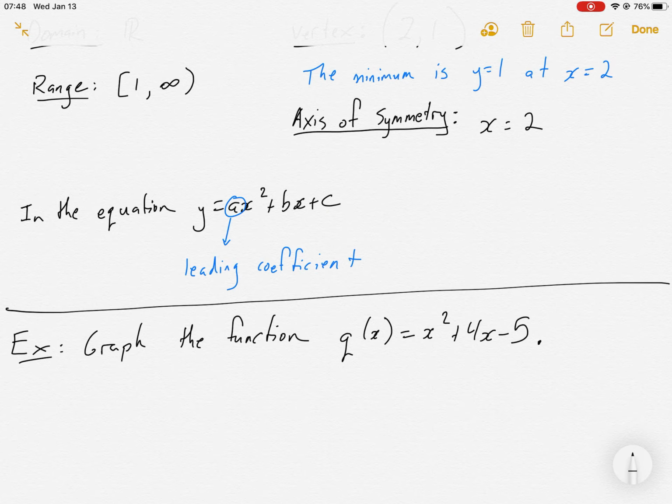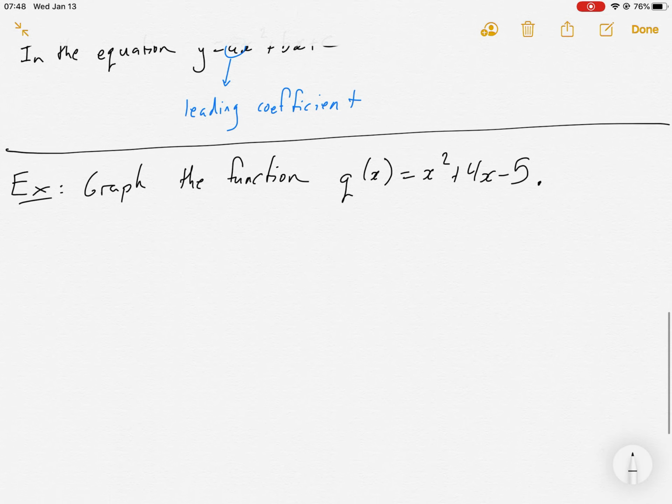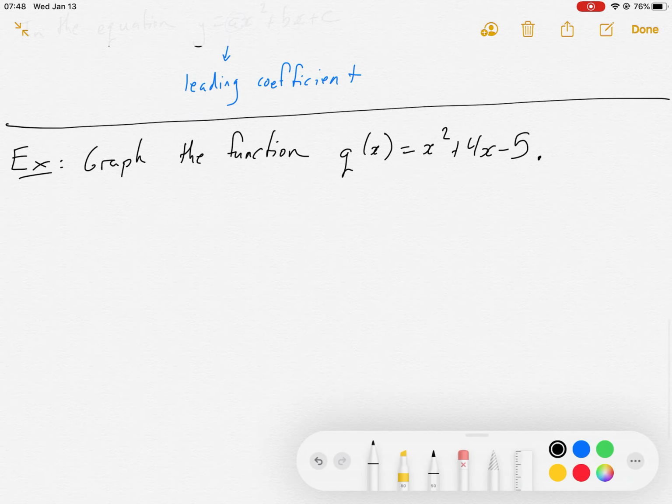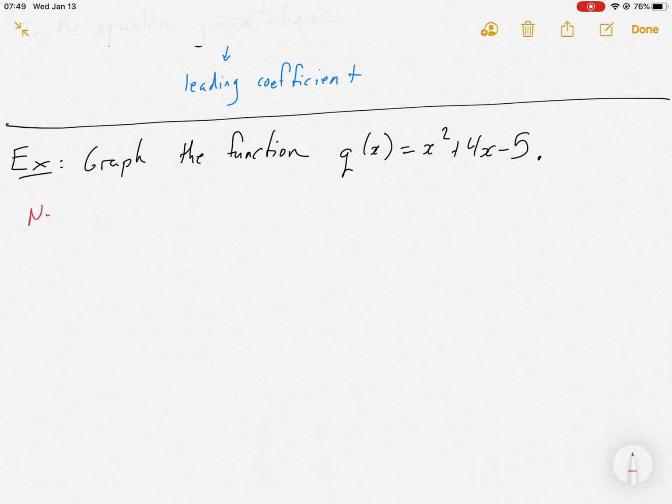All right, now this example is also intended to remind you of a couple of other tools in your toolbox when using quadratics. So I'm not going to explicitly teach you those separate from the graphing. I'm just going to combine it all into one example here. So when you graph, you need the y-intercept, the x-intercepts, if they exist, and also the vertex.